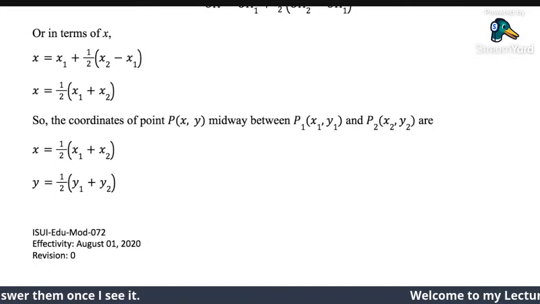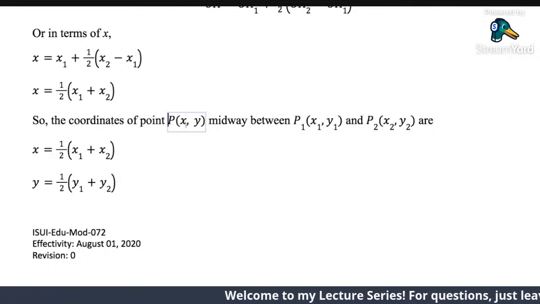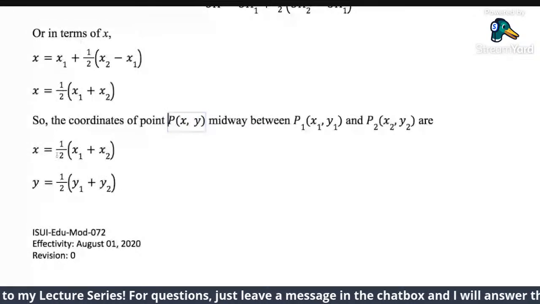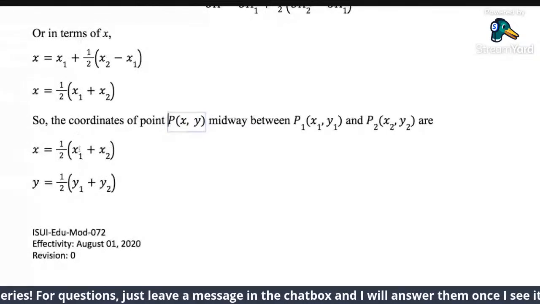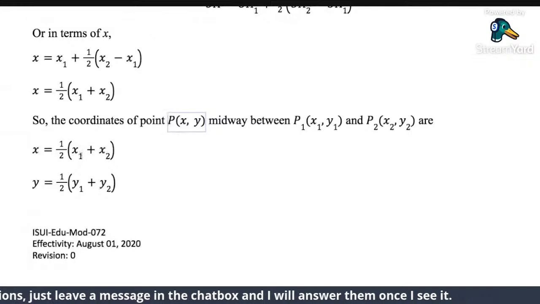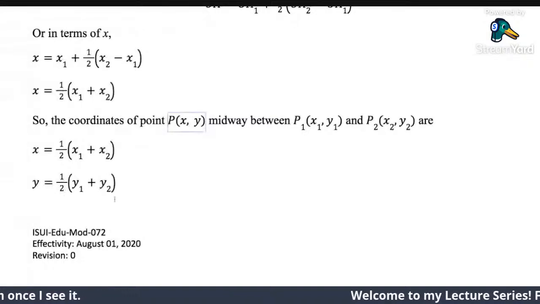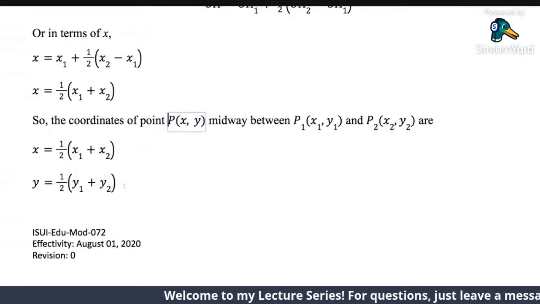Now, to solve for the midpoint, for example, P, with the coordinates x and y, we just solve x is equal to 1/2 the sum of the x coordinates, x sub 1 and x sub 2. And for the y coordinate, we just have to take half of y sub 1 plus y sub 2.